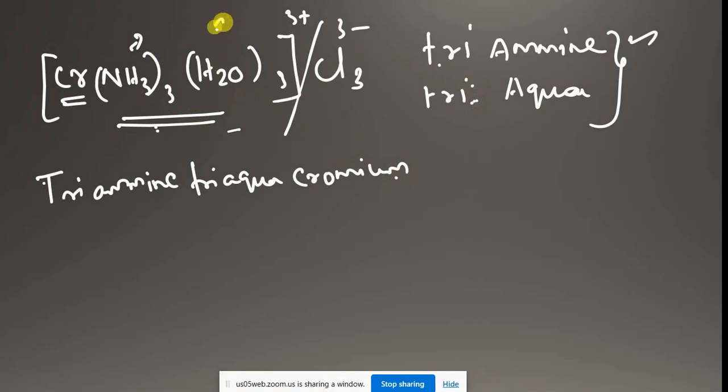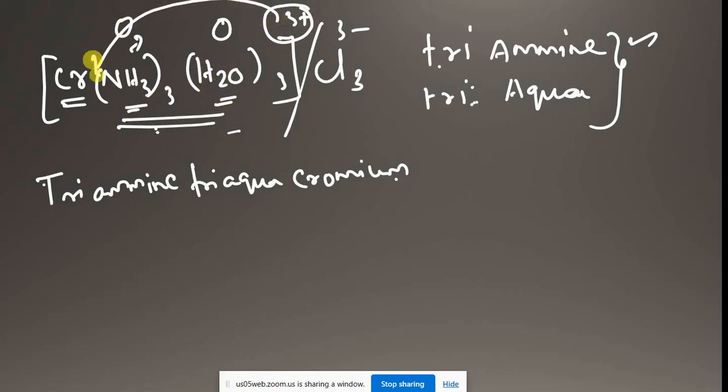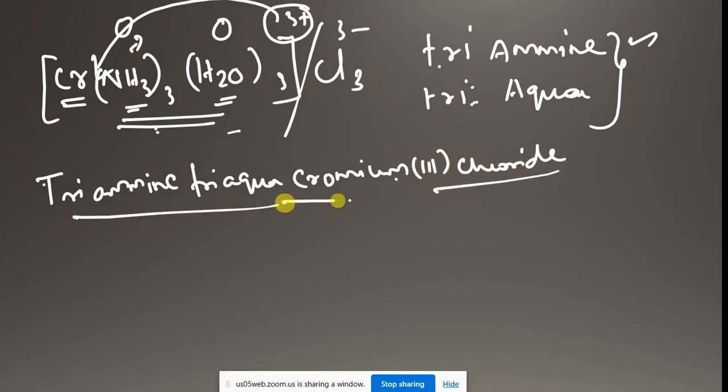This is a neutral ligand and this is also a neutral ligand. There is no charge for H2O, there is no charge for ammonia. So the total charge is that of the central metal atom. So that is 3. So chromium 3 chloride. Is it clear? Triamine, triaqua, chromium 3 chloride.